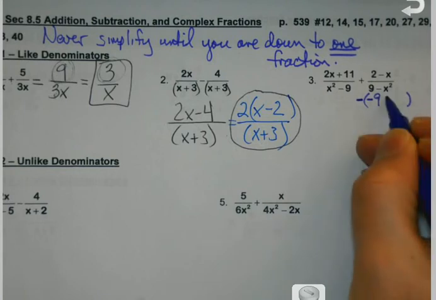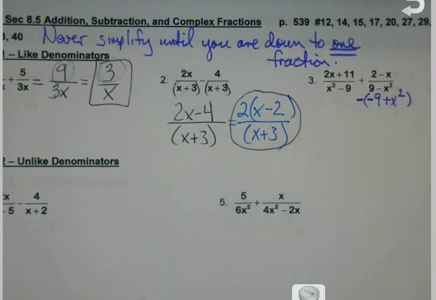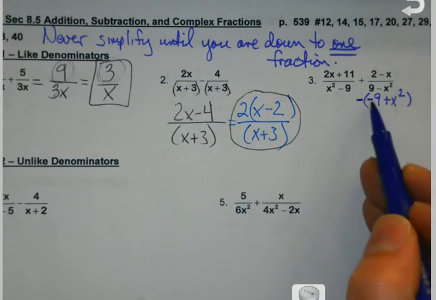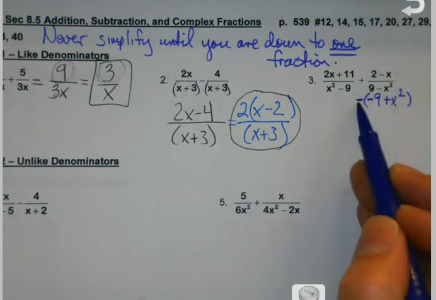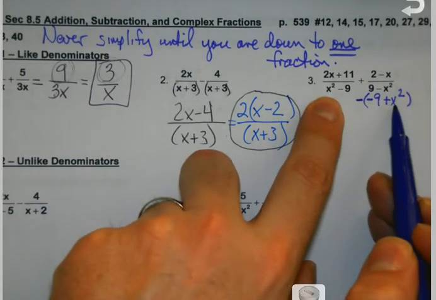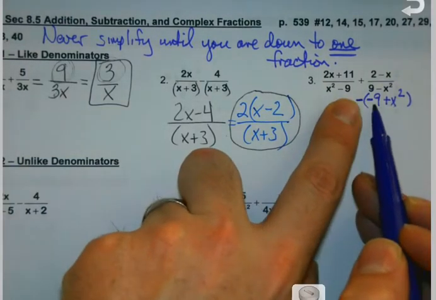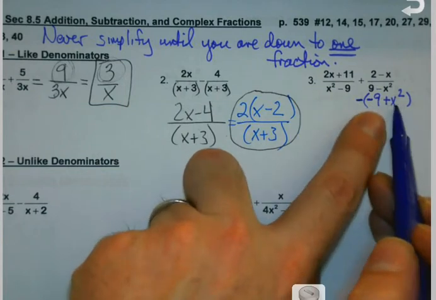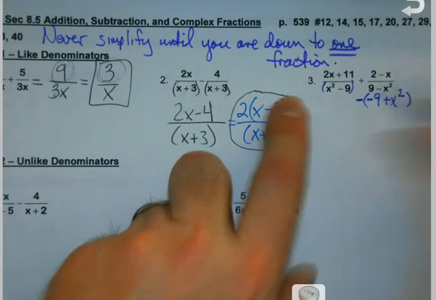My negative x squared would become positive. Because I haven't changed the value at all, because negative times negative is positive, and this negative times positive would make that negative. It's the same thing. But what happened was, now my x squareds both are positive. My 9s are both negative. So what I have in the parentheses here and here are now the same thing.